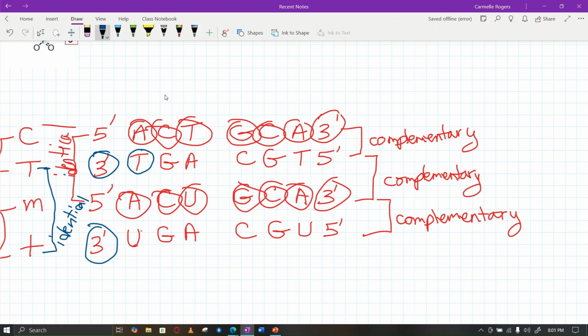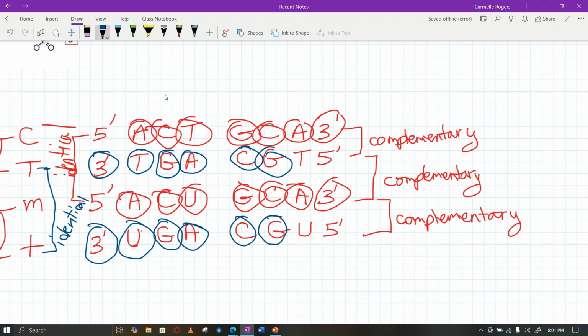And the tRNA is a type of RNA. So instead of T, we get uracil. They both have G, then A. Then we have our C and G. And again, DNA has the thymine, whereas the RNA is going to have the uracil, and it ends up with the 5'. Okay, feel free to rewind if you need to go back over this.